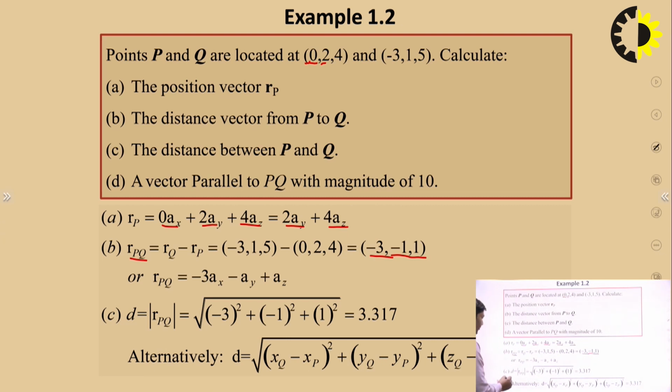So what is the meaning of distance? It is the magnitude of the distance vector, because distance is a scalar quantity.